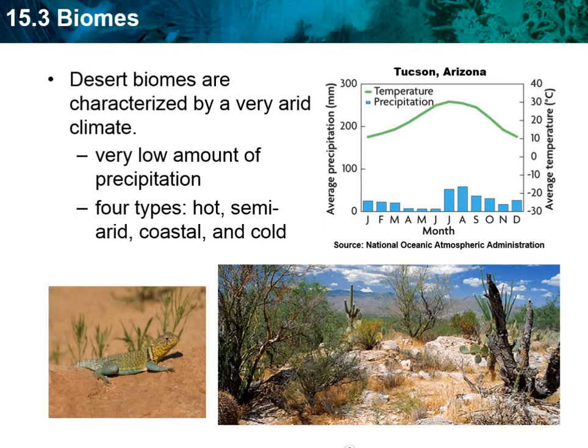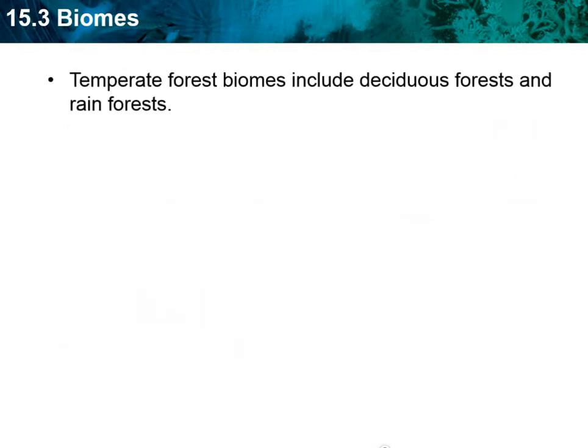So this is one of the two types of biomes that have the least amount of precipitation. You can see that there's a very little amount of precipitation and the temperature is fairly high all year long in this one. This is Tucson, Arizona that we're looking at in that graph. So that is the desert biome.